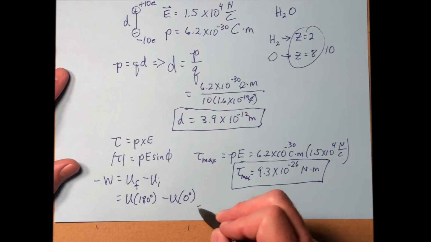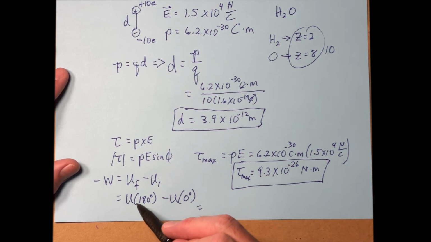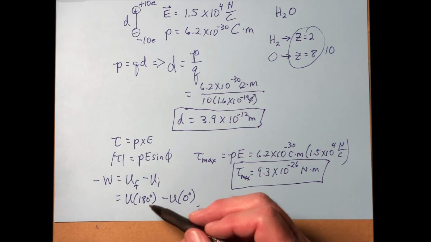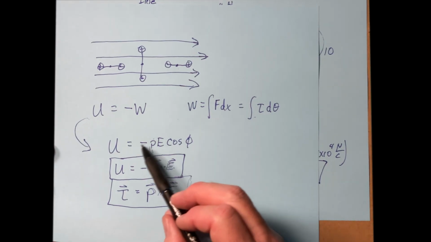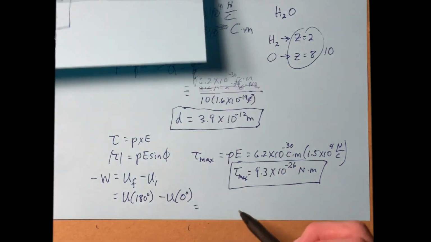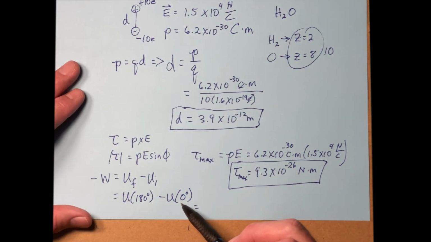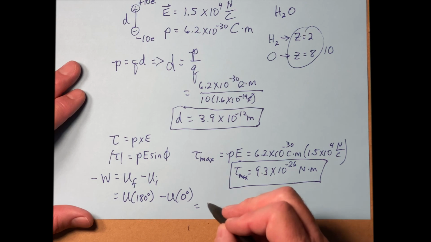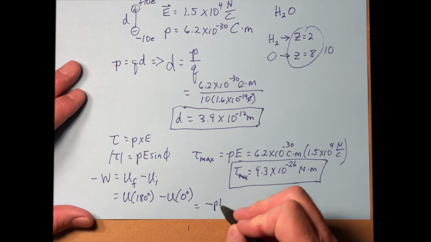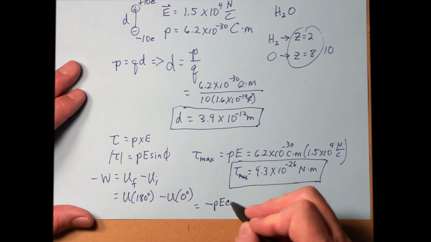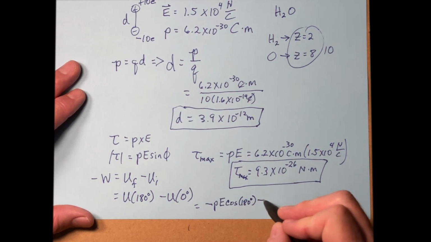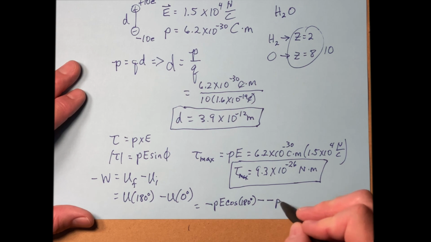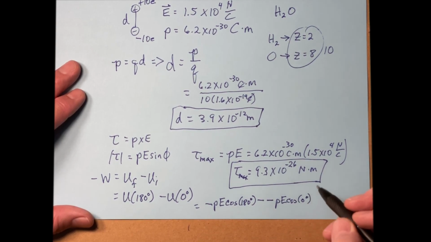Well, this is pretty straightforward. You know what U is. U is given by this equation here. So the magnitude is going to be this. And we're given the angles here, so we should be able to plug those in. That's going to be minus PE times the cosine of 180 degrees minus negative PE cosine of 0 degrees.